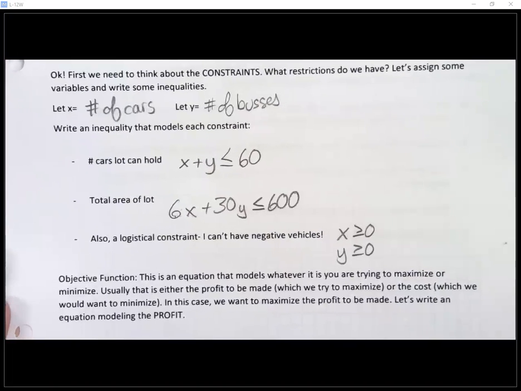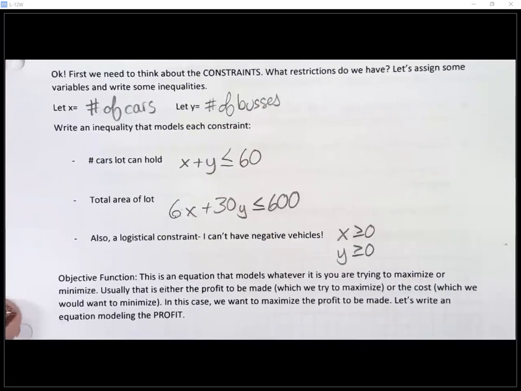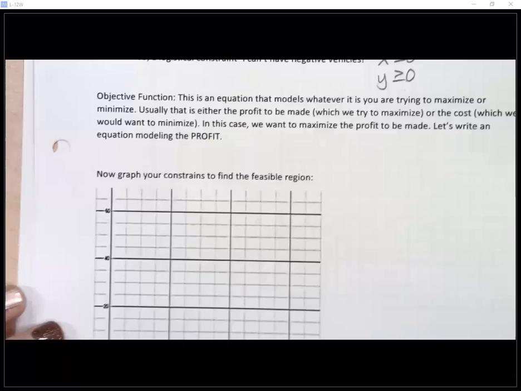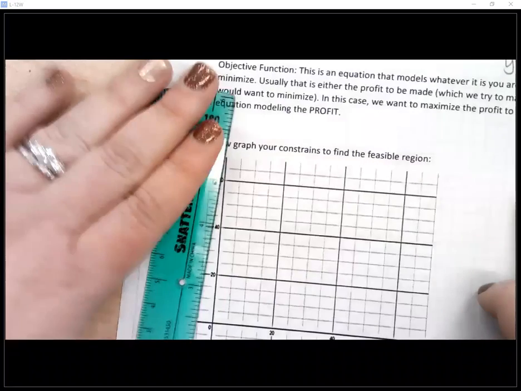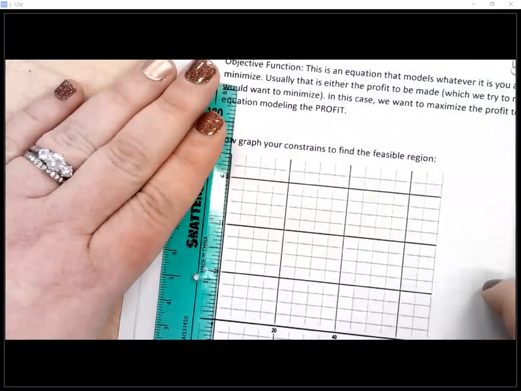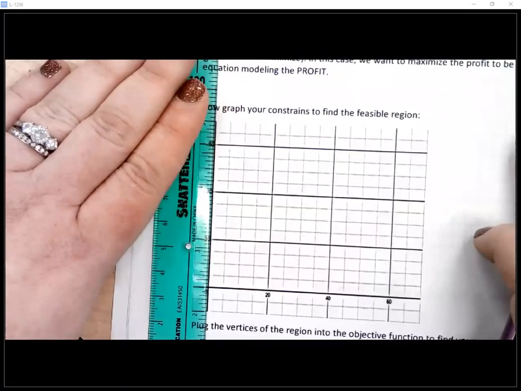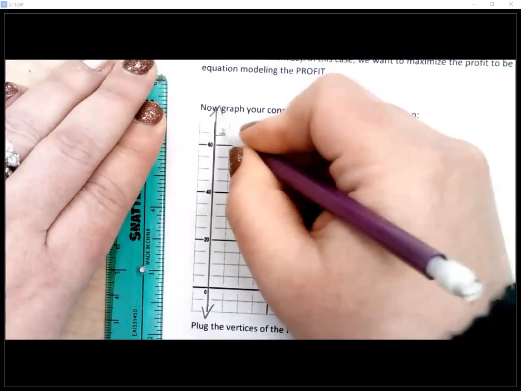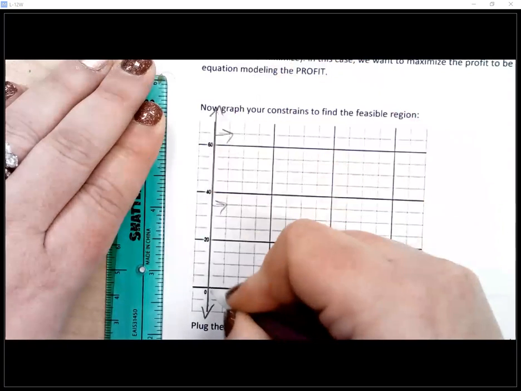So I'm actually going to start with the X and Y, because these 2 are the easiest to graph. If I look at my grid down here, all of my X's need to be positive, so I'm going to start with a solid line here. All of my X's need to be greater than or equal to 0, right?